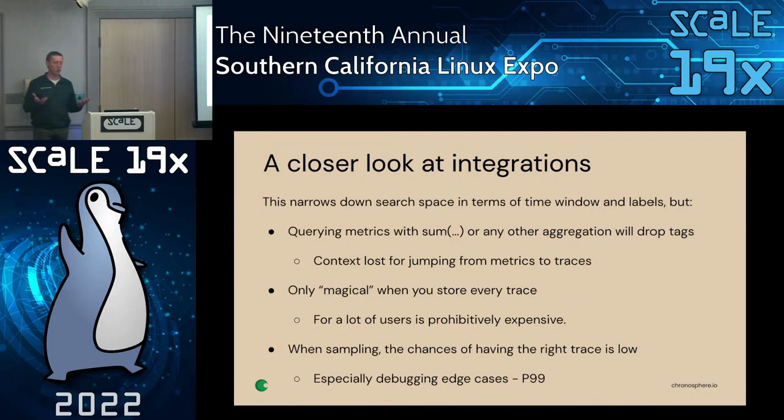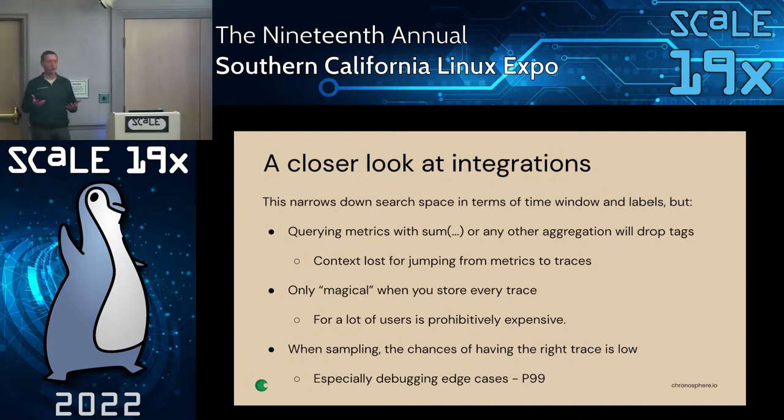So if we use the 1% rule, and you're only keeping 1% of your traces, and you're looking for a P99 issue, you've got a 1 in 10,000 chance that the trace that you're going to pull will actually be representative of the problem that you're trying to solve. So even with these integrations, we still haven't gotten to the point where we feel confident that as we're doing our investigations, we're finding the trace that we need that's going to help us unlock what the root cause of this issue is.